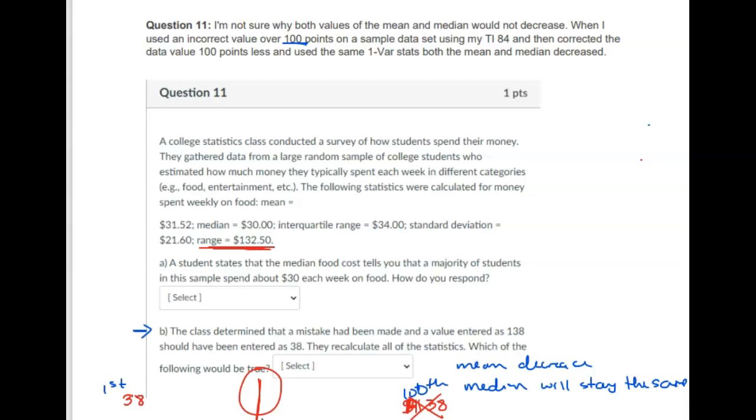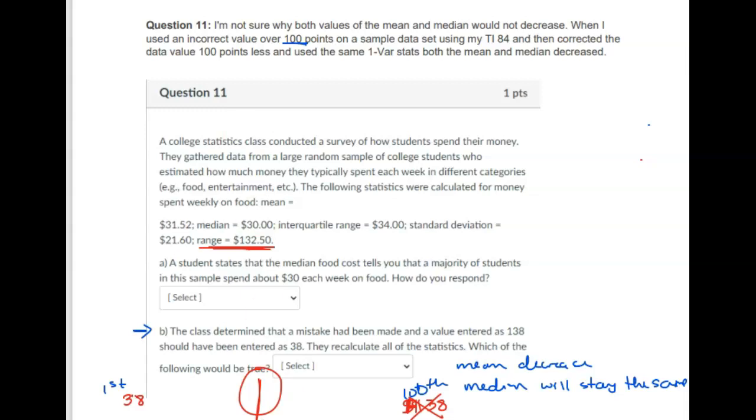So your sum is going to be 100 less, and you're still dividing by the same thing, so it should be lower. Okay. So again, if you're playing with numbers and putting them in the calculator, I'm not sure how you're calculating, because the median should certainly not decrease.